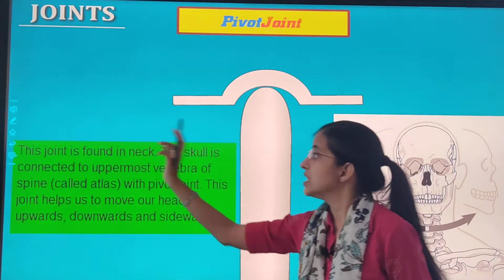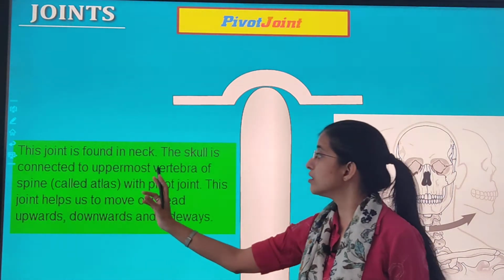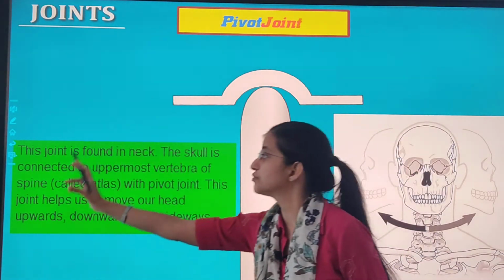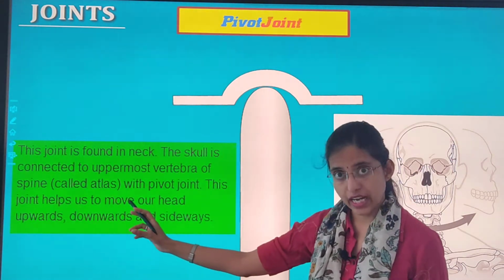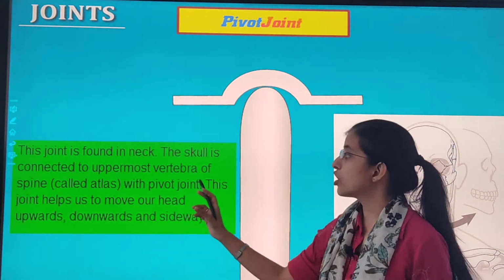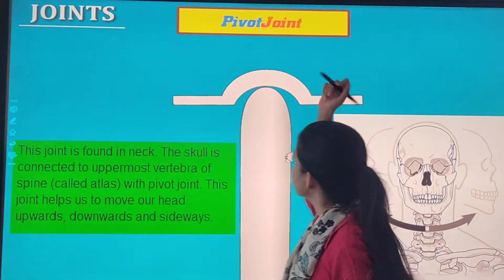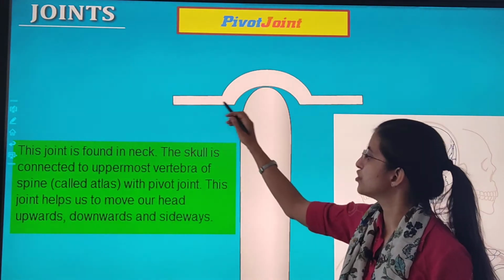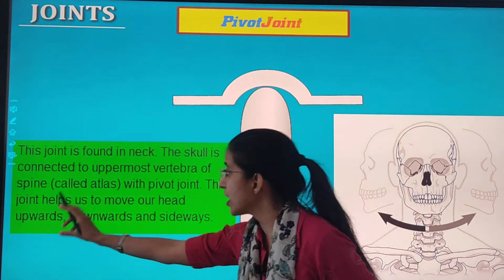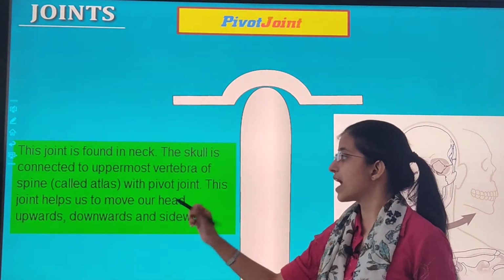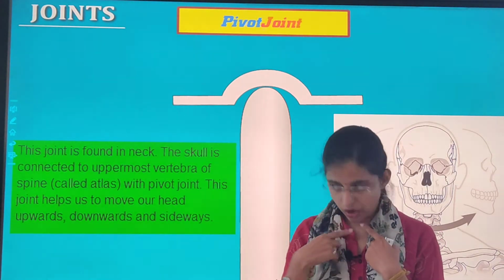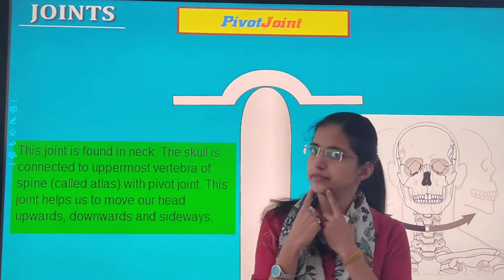The skull is connected to the uppermost vertebra of the spine, called atlas, with a pivot joint. This joint helps to move our head upwards, downwards and sideways.